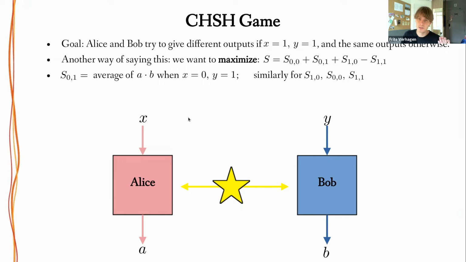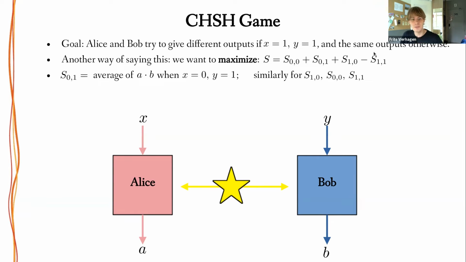So the product will be -1, 1 times -1. So if they try this strategy, S11 will be -1. The average you expect to be -1. So minus S11 will be +1. So this will raise the total value of S.